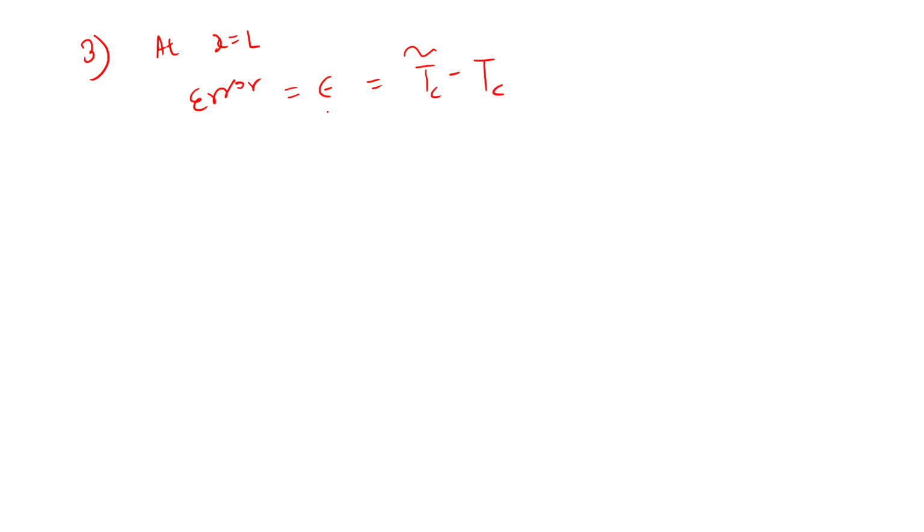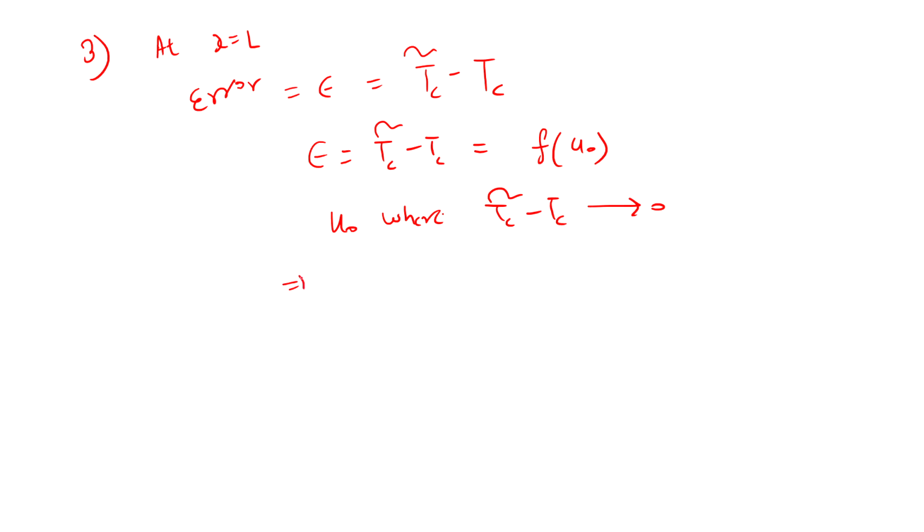This epsilon is a function of u naught. So we want to find the value of u naught where T c tilde minus T c goes to 0.